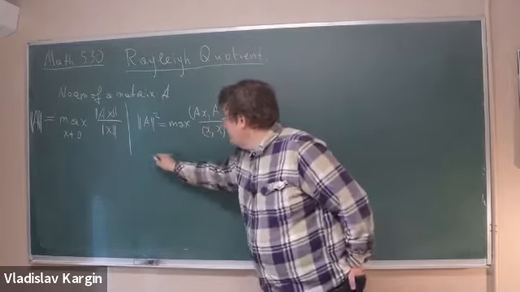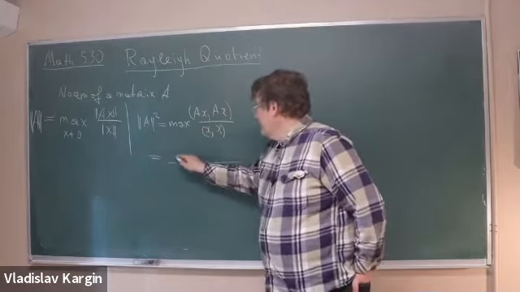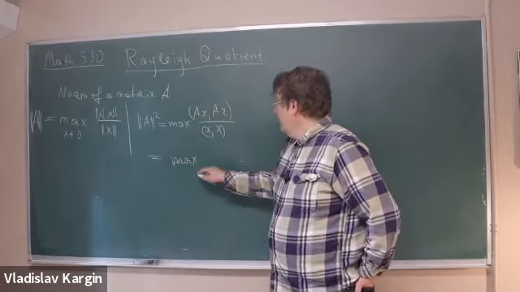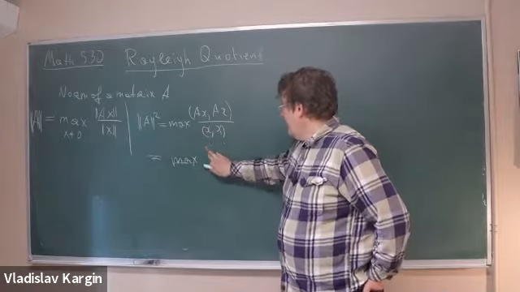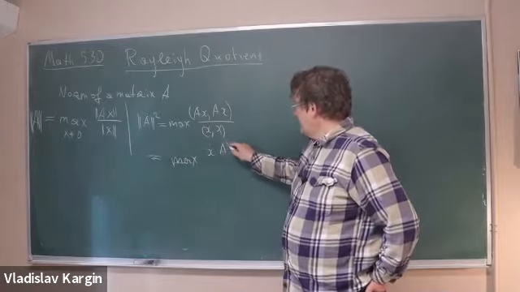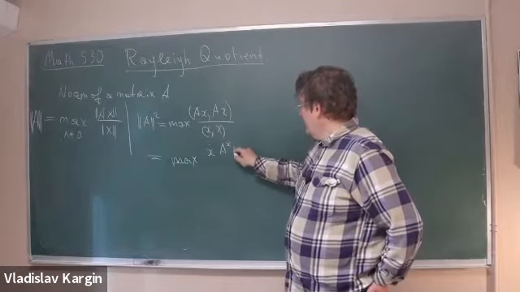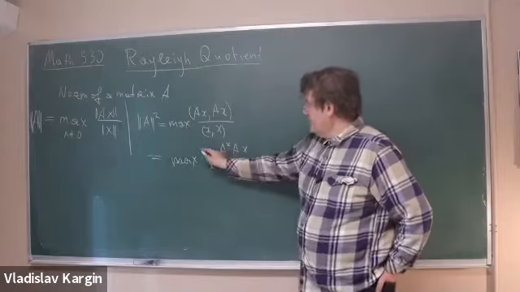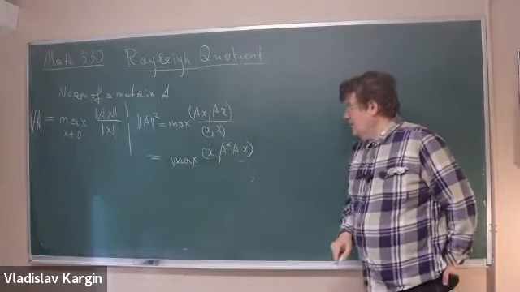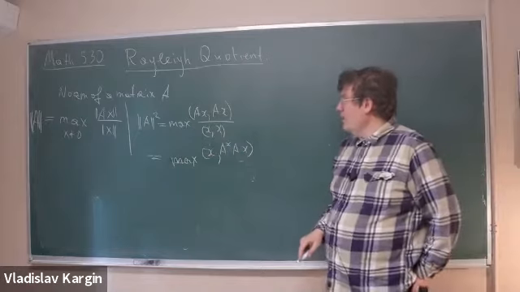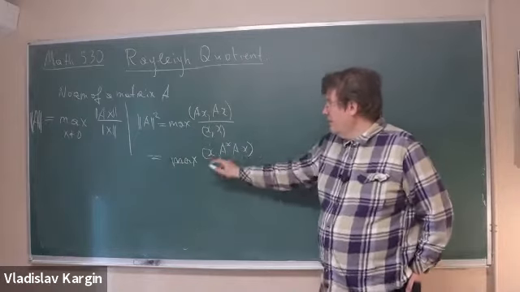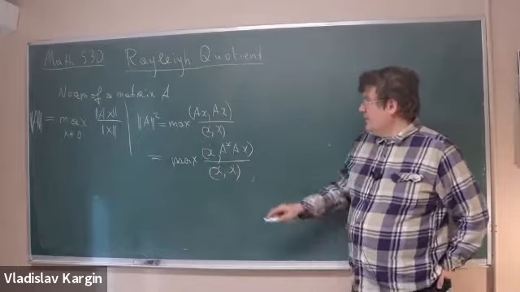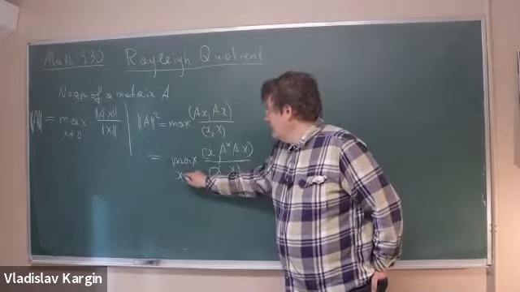You can also write it as a maximum of x, A star A x, so you can take A and put it on the other side of the scalar product, where x is not equal to 0.